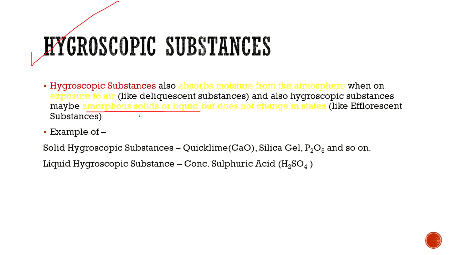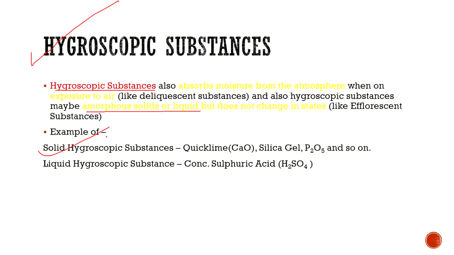Those substances are known as hygroscopic substances. For example, silica gel. When you buy a bag in a shop, a small packet is there. It is called silica gel, for absorption of moisture. Silica gel is a hygroscopic substance.